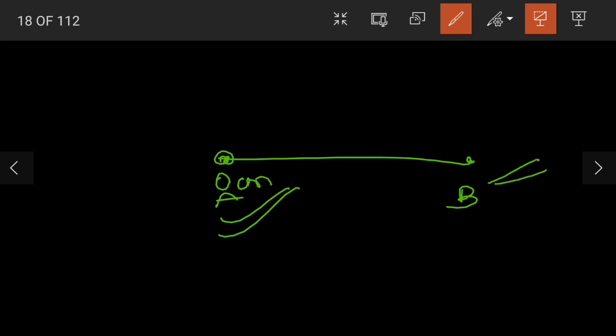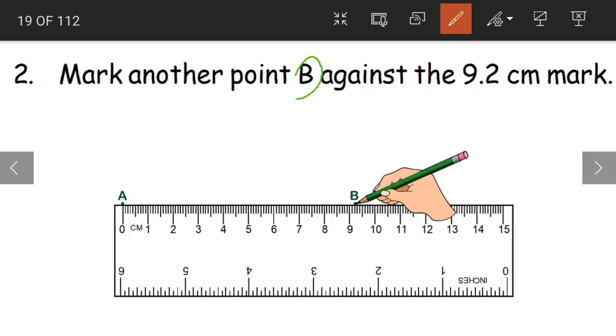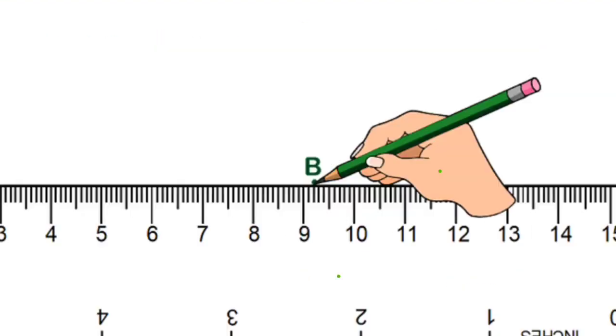How long should this line segment be? If we look into the question, they have clearly given us that the length is 9.2 centimeters. So our other endpoint B will be against the 9.2 centimeter mark.